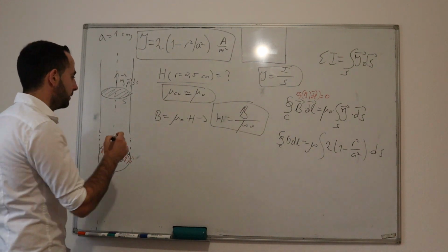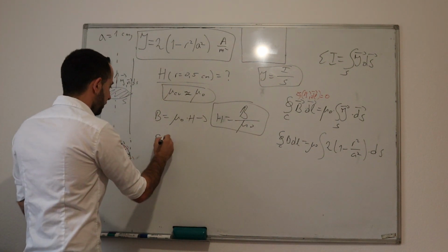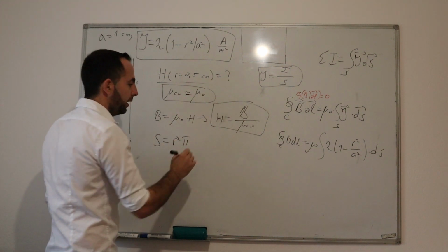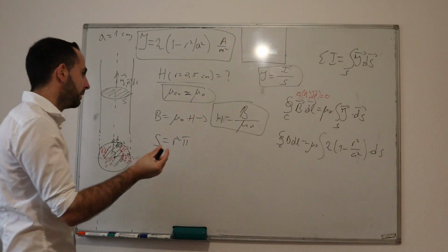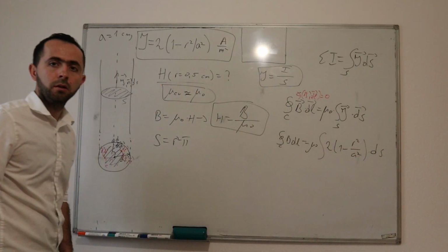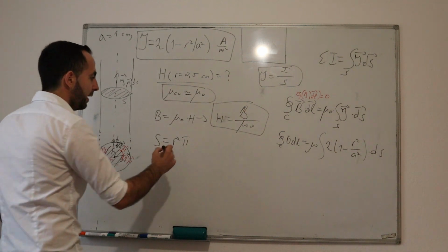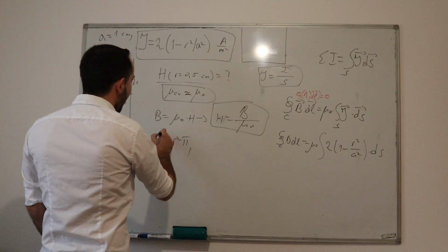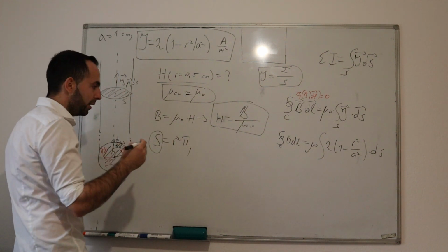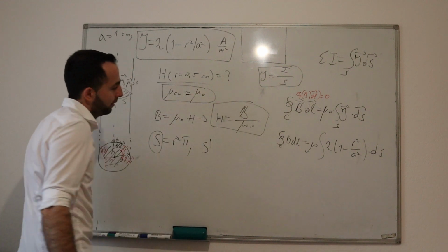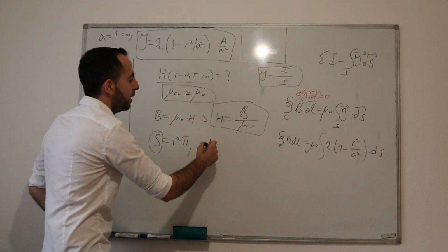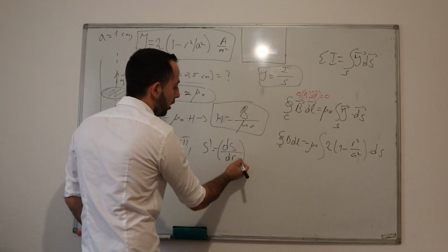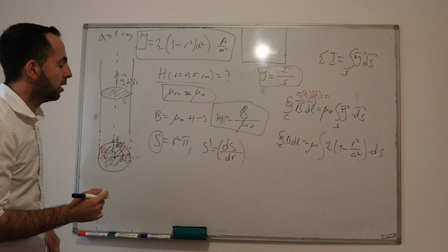If we know that the surface of a complete circle is r squared times pi, where r is the radius, how can we find this infinitely small surface? You can find it using a differential, which means we will find the derivative of our surface. How do we write it in math? We say S prime, which is the same as dS divided by dr, because r is a function of the radius, which changes.